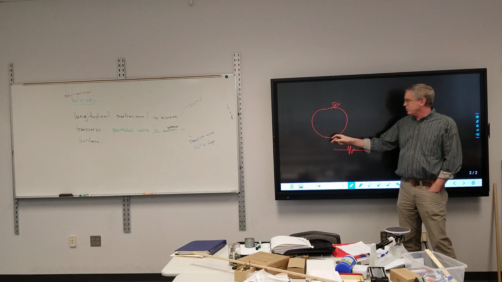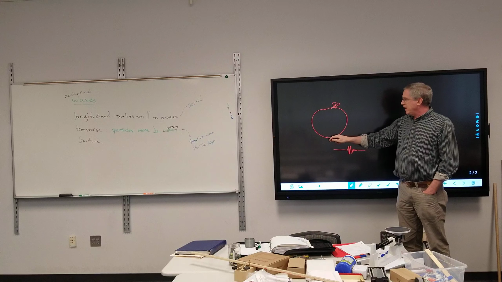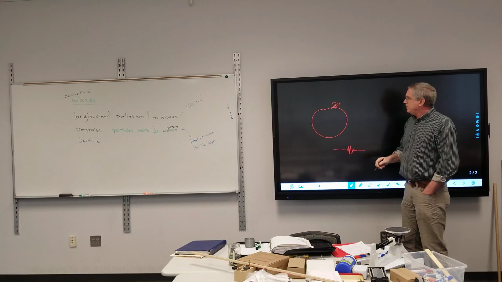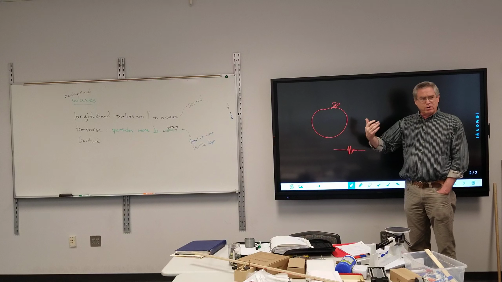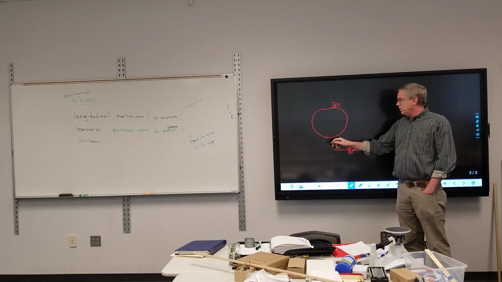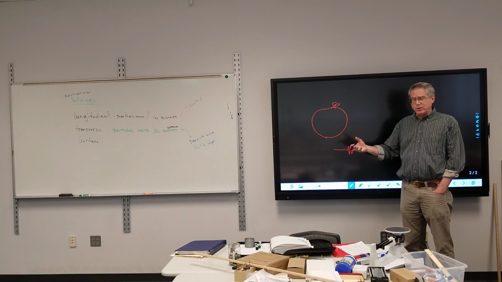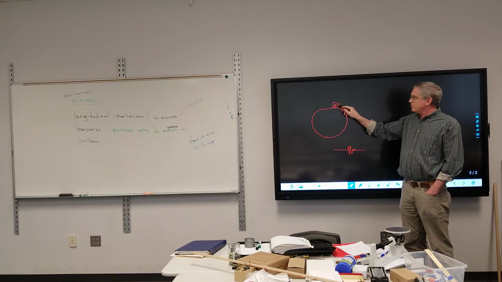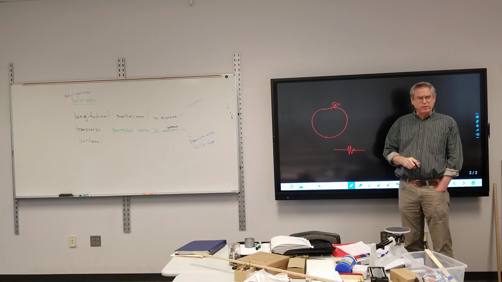All right, so there's an earthquake on the other side of the world, and you get waves being sent over here. Now, there are two types of waves that are produced. There are longitudinal waves and there are transverse waves. So the first waves that hit here are longitudinal waves.